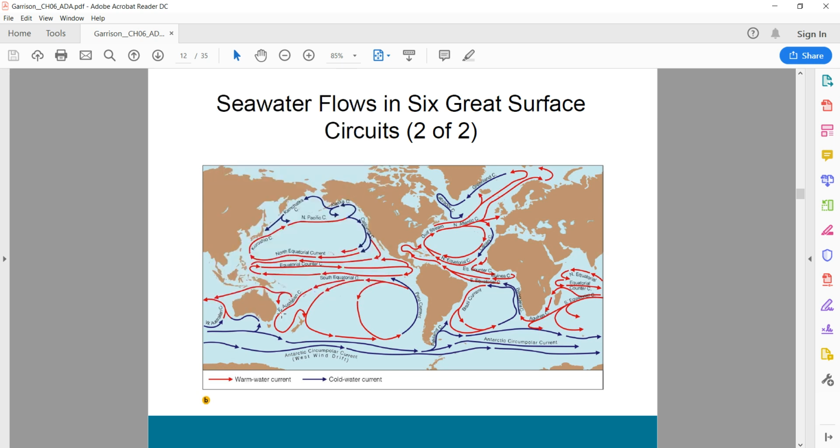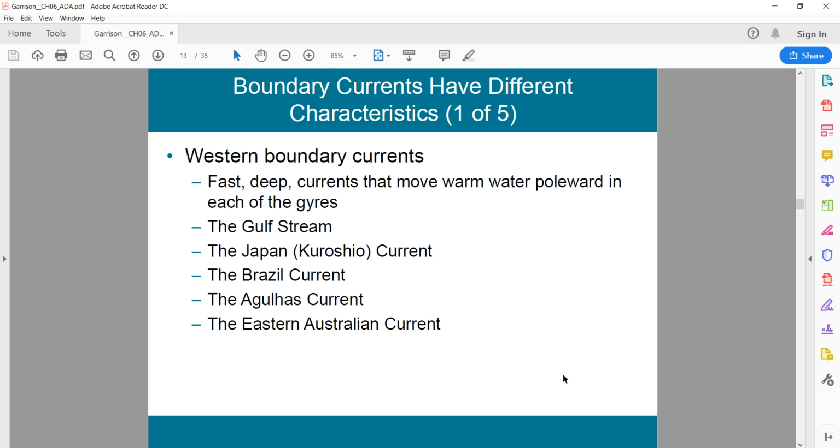You can see this on the east and west coast. They are both warm environments because of this warm air going around here like this. So these are some of the names of the currents.